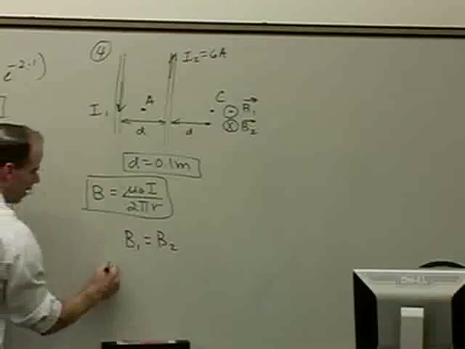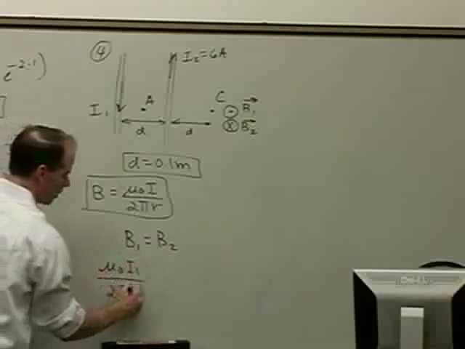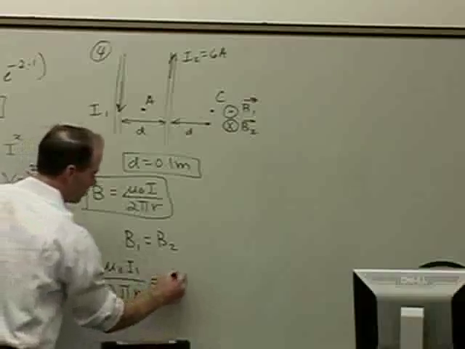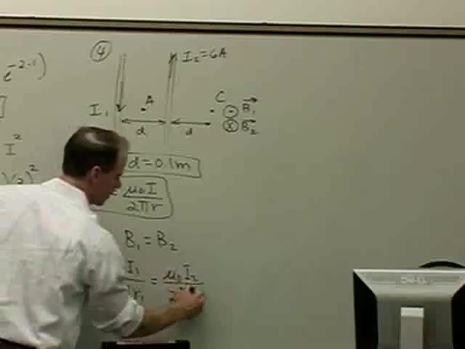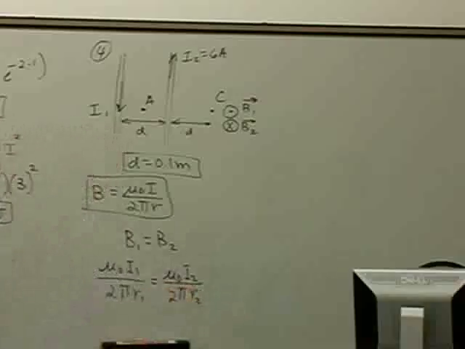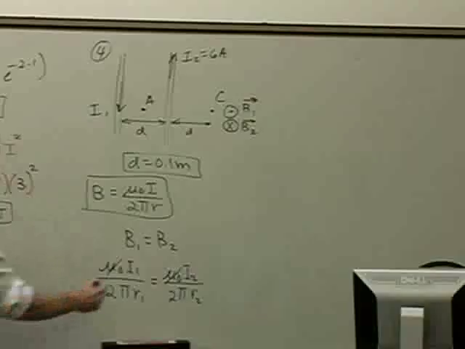So that means mu naught I1 over 2 pi R1 would equal mu naught I2 over 2 pi R2, at least in magnitude. I'll solve this for I1. I can get rid of a mu naught on both sides, and a 2 pi on both sides.